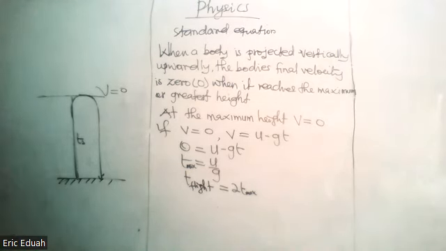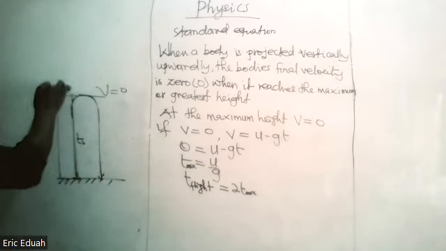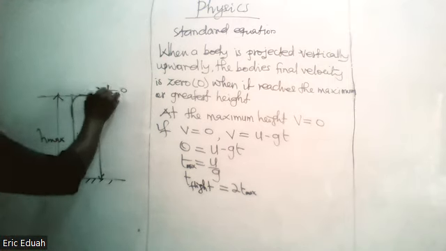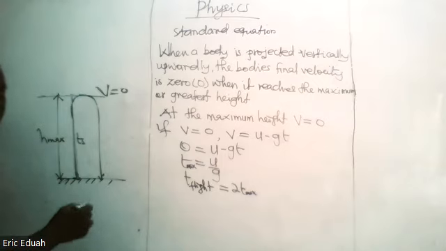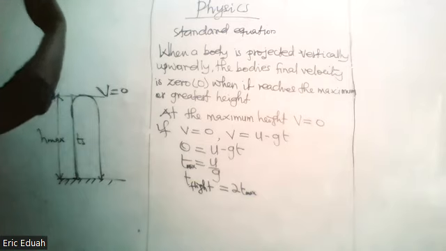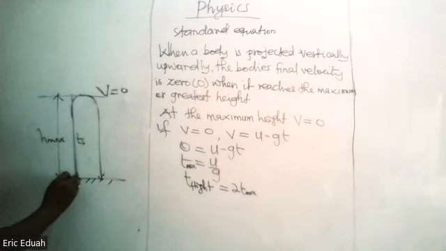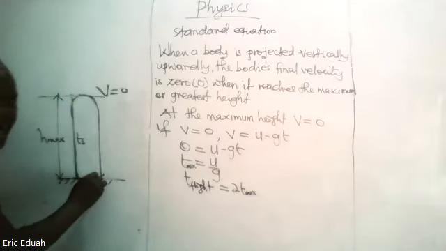So this is what I'm saying. A body was thrown from the ground level. It went and reached this maximum height, H max. At the maximum height, final velocity is 0. When its final velocity reduces to 0, it cannot move up again or any further. It would have to return. If it takes T seconds to move from this point to the maximum height, it will take the same time to return back to the point where it was thrown.